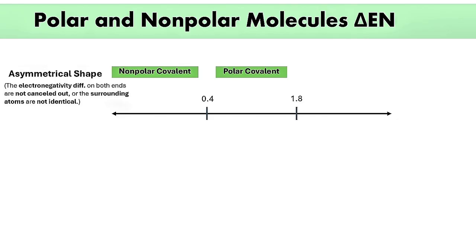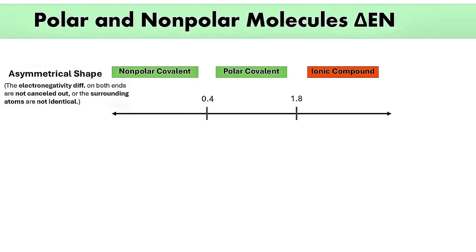Now, what happens if it is over 1.8? Some books use 1.7 as the boundary. That's okay, so let's just say 1.8 or 1.7. If it is over 1.7 or 1.8, that is no longer a covalent compound. That is now an ionic compound. And why? Because the difference is now too big that one of those elements gives up its electron or electrons, and that is a metal.